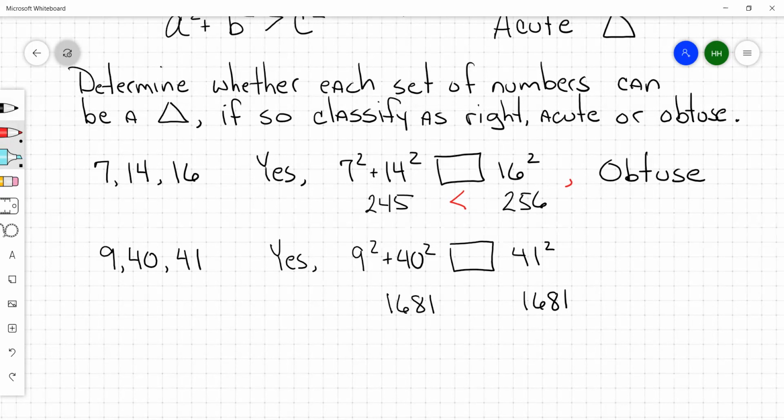The sum of the squares of the two shorter sides is equal to the longest side squared. That makes it a right triangle. Fair enough?